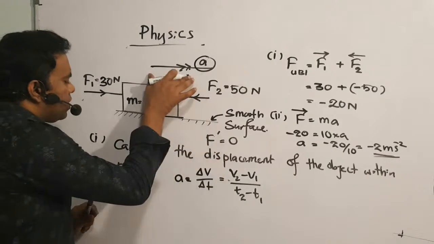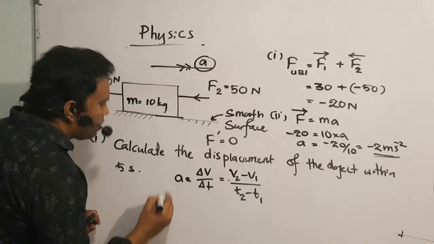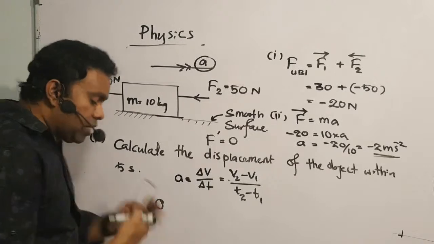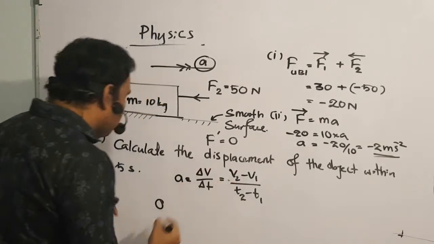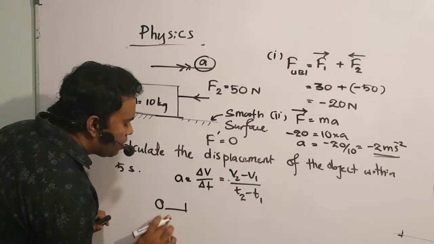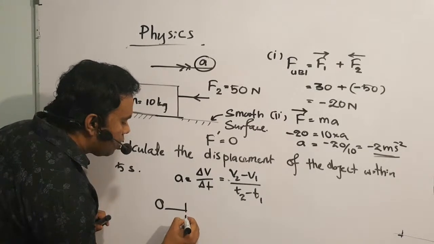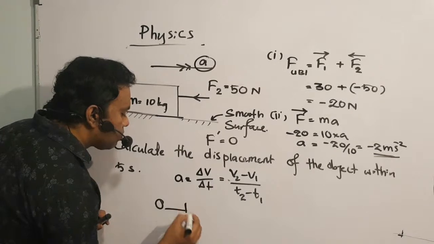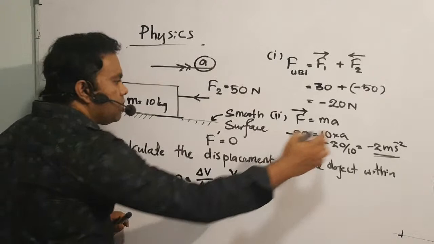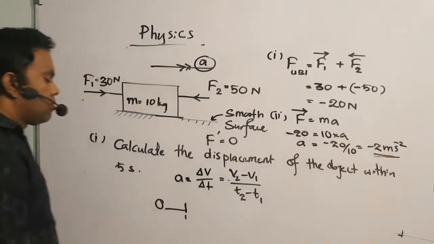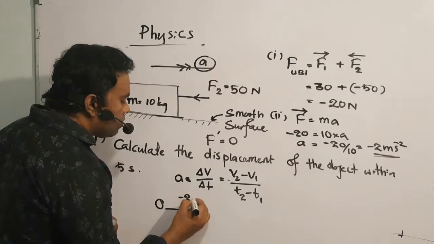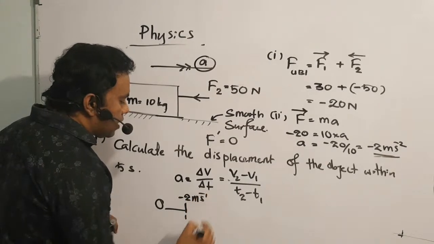If the initial velocity is 0, because this object is at a stationary state, then to begin with this question, after the first second of time, what is the velocity of the object because of this acceleration? That's minus 2 meters per second.